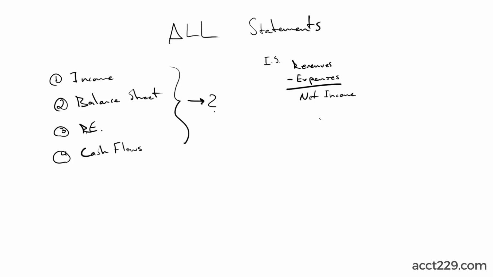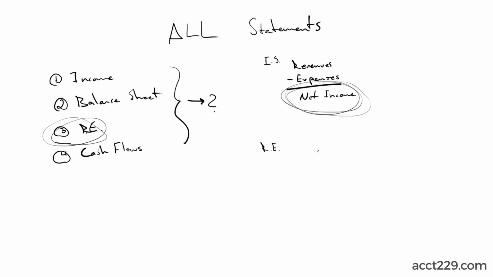Now, is there another statement that takes net income as one of its arguments? Is there a statement where we have to have net income to figure out that statement? Well, if you'll recall, the statement of retained earnings is, so let's put retained earnings.